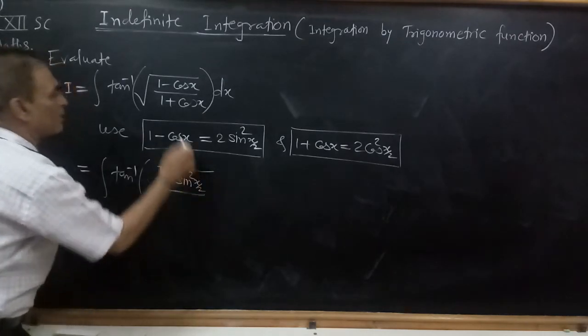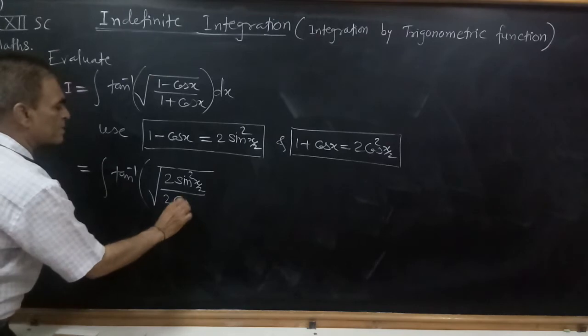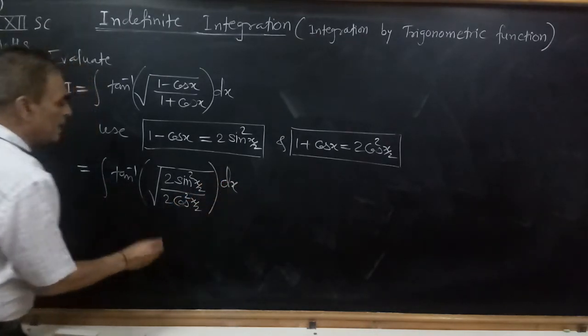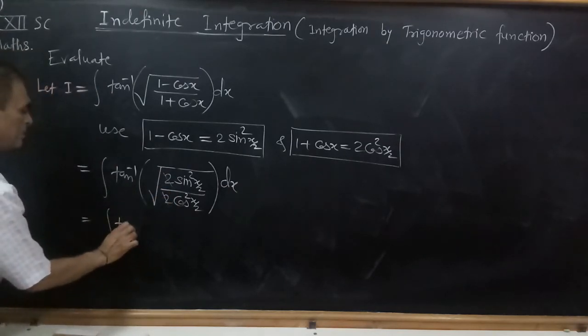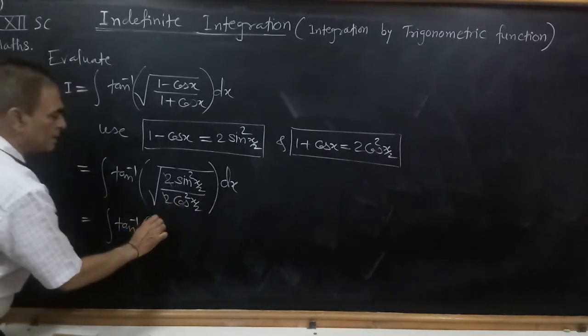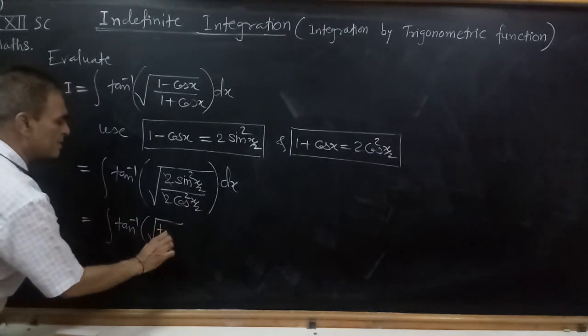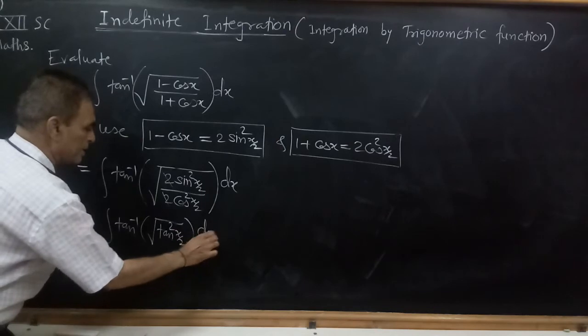And what about the denominator? 1 plus cos x means 2 times cos square x by 2, into dx. Cancel these two, and this is equal to integration of tan inverse of, in bracket, under root of sin square divided by cos square, means tan square x by 2, into dx.